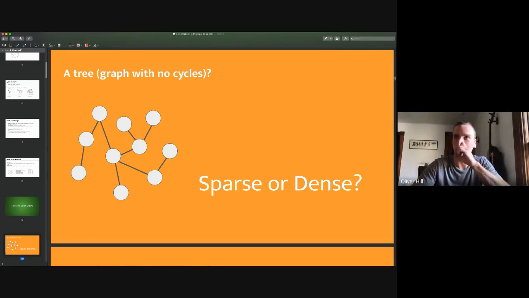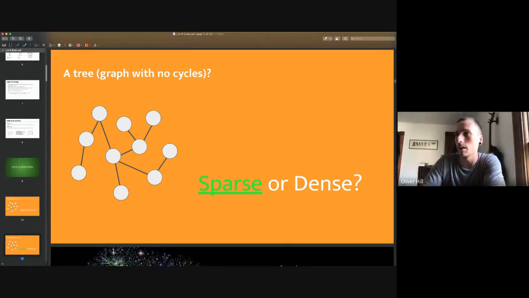What is the maximum number of edges a graph can have with no cycles? Yeah, v minus 1, exactly. So that's O of v, and then O of v is less than O of v squared, so it's sparse.